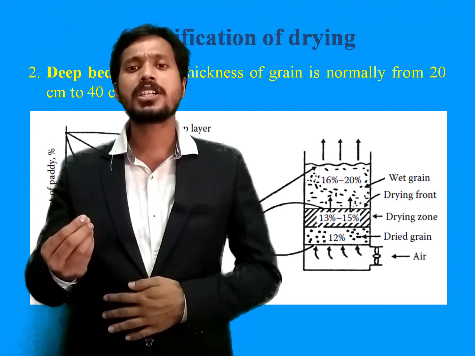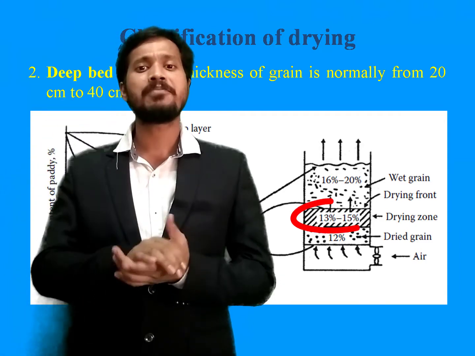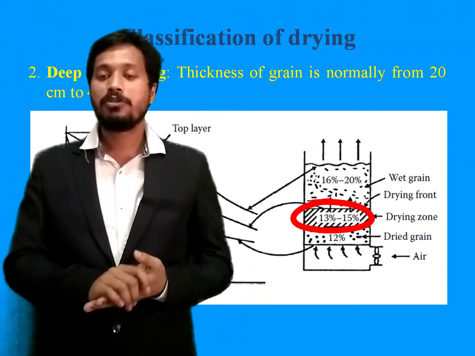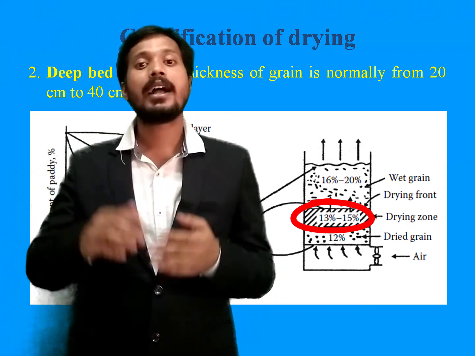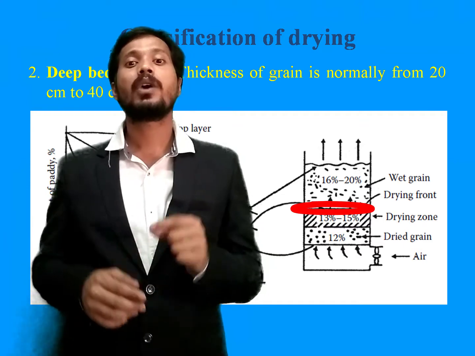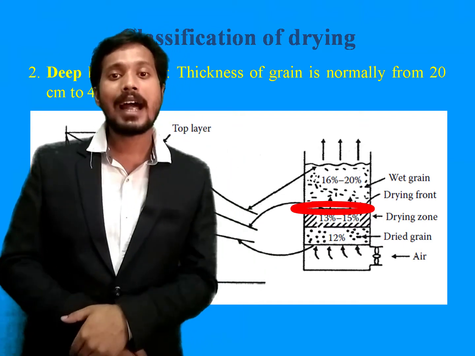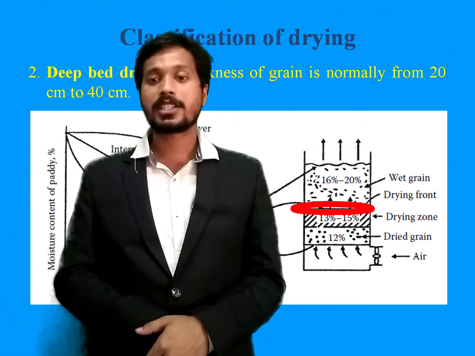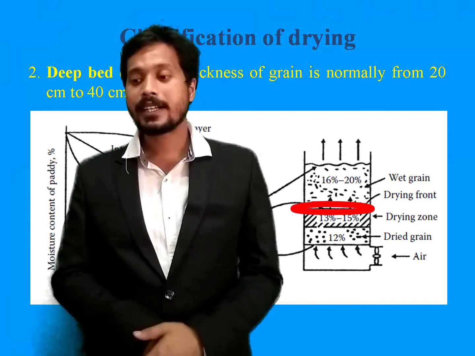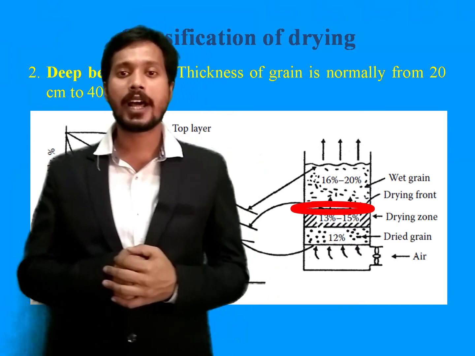That means the temperature of the air is now lower. So we find the drying zone, and after this drying zone there is one interface, which is called the drying front.